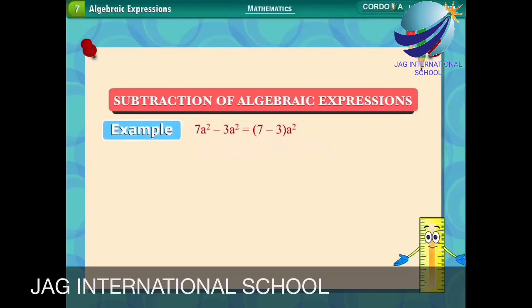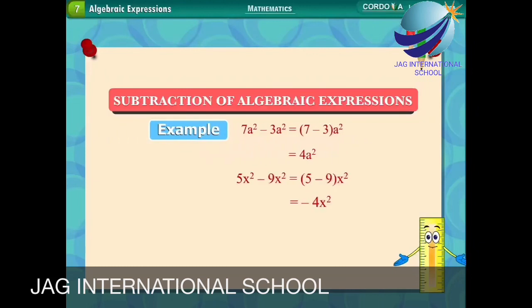Examples: 7a squared minus 3a squared is equal to (7 minus 3)a squared, which is equal to 4a squared. 5x squared minus 9x squared is equal to (5 minus 9)x squared, which is equal to minus 4x squared.